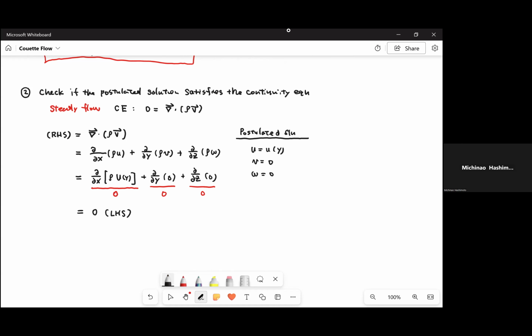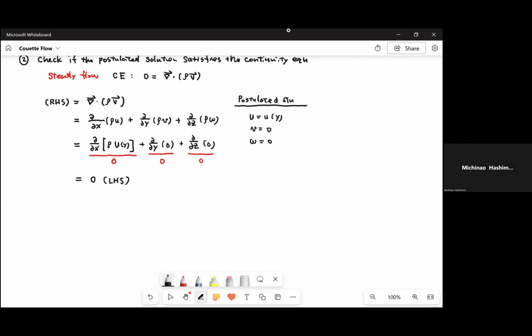So the conclusion we can draw is that the postulated solution satisfies the continuity equation.